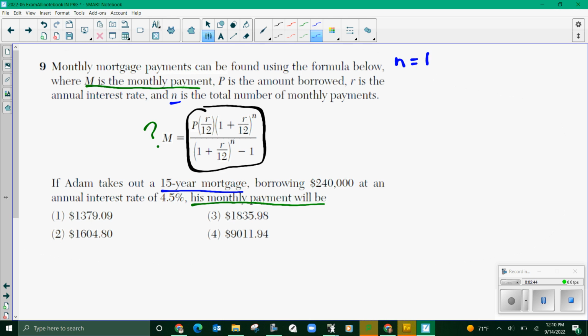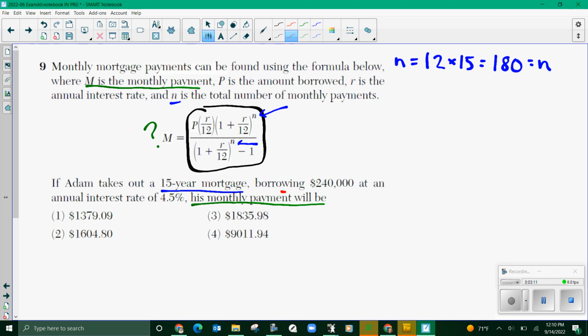Okay, if there are 12 months a year, times our 15 years, that's going to end up being 180 payments he's going to make. That's 180 months. That's my N value. That's going to go here for this exponent and here for this exponent. So we got the N down. Super. Not difficult yet.